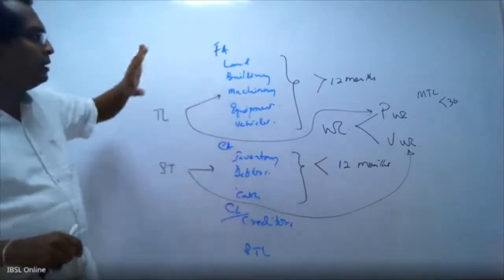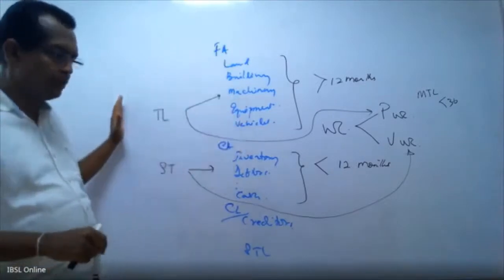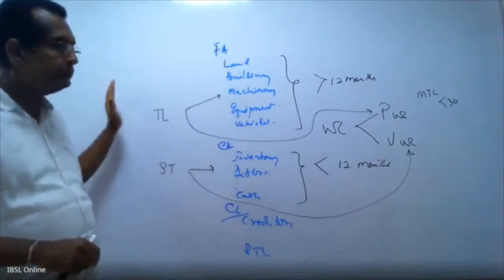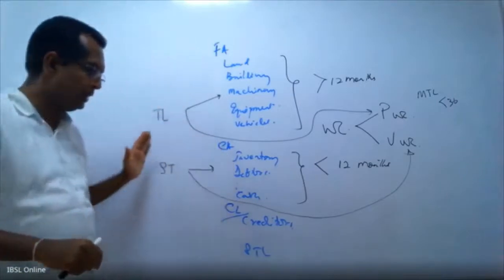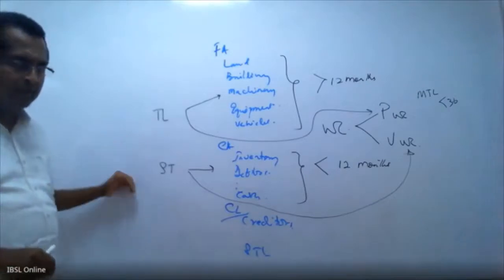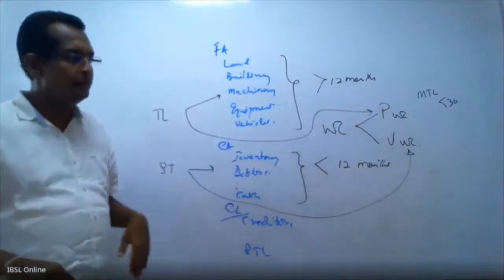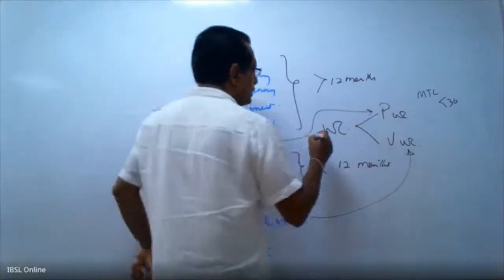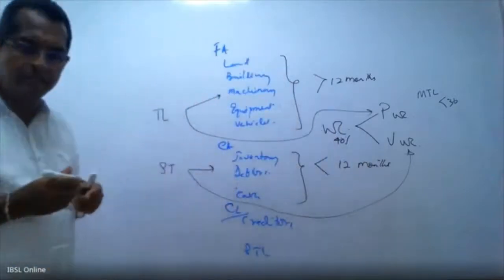Always remember, whenever we want to finance a fixed asset, it has to be a term loan. Whenever we are financing short-term requirements, it has to be financed by short-term funding, with the exception of the permanent part of the working capital, which is normally around 40% of the working capital.